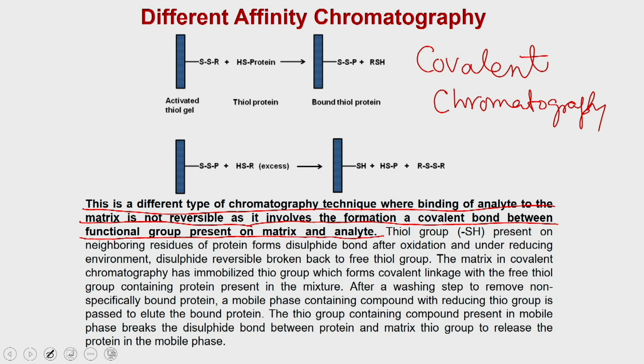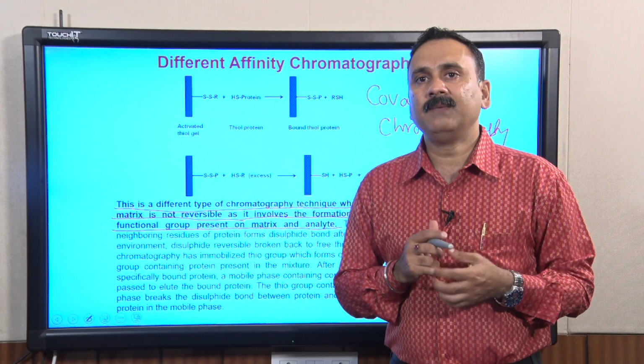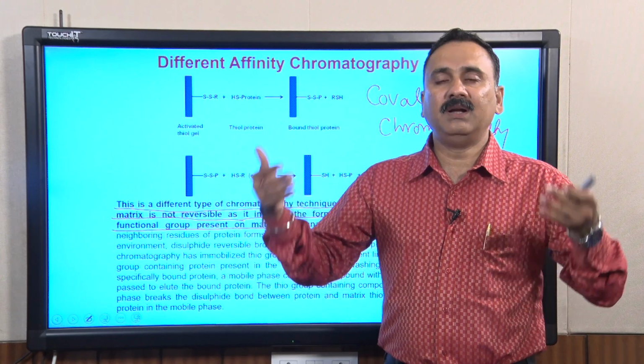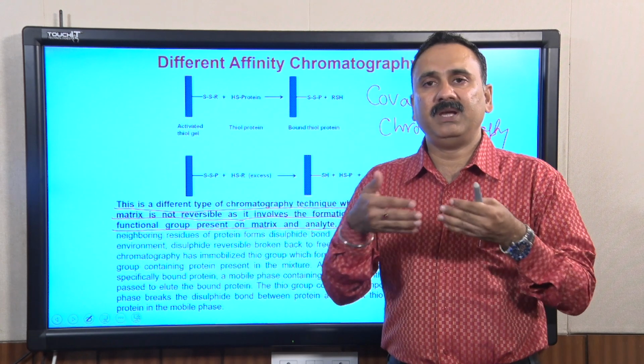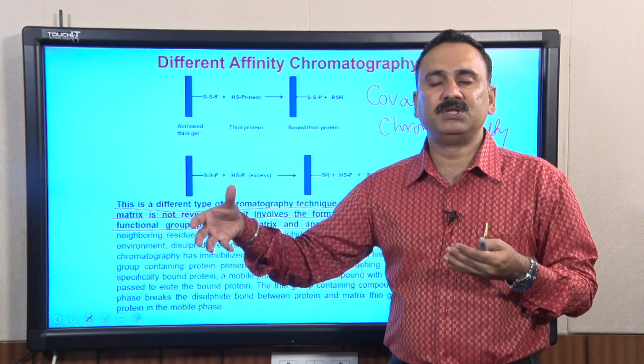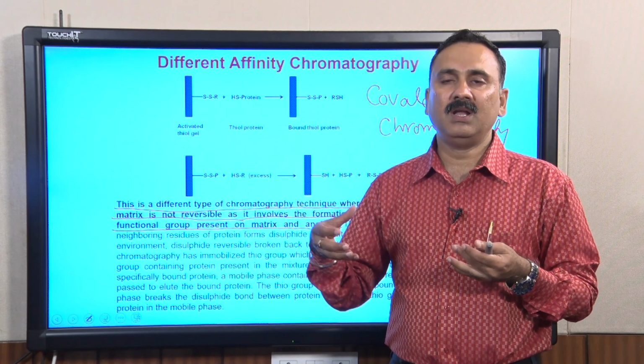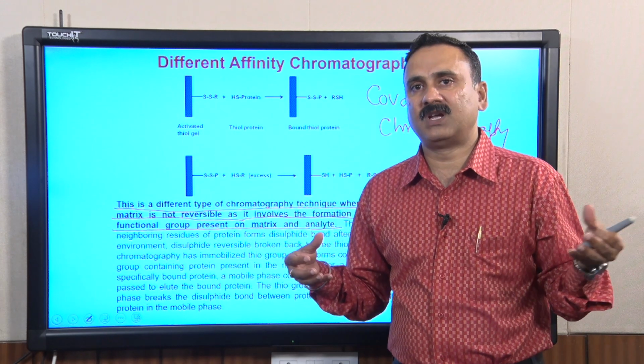So, this is a very different type of affinity chromatography. That is why it is called covalent affinity chromatography, where you have an irreversible bond formed between the functional group present on the protein and the functional group present on the matrix.